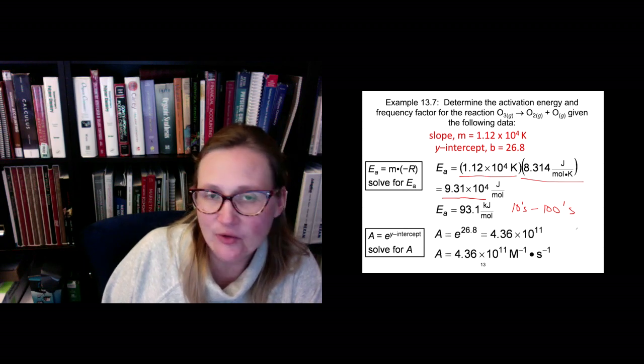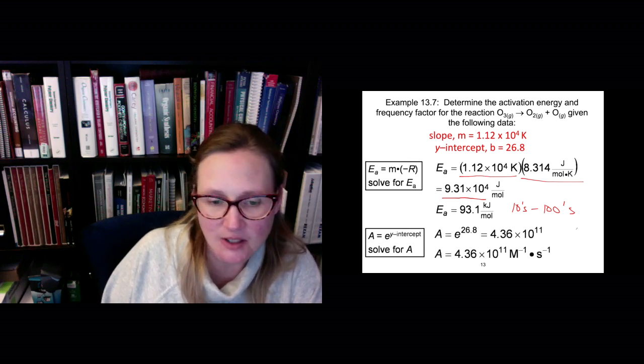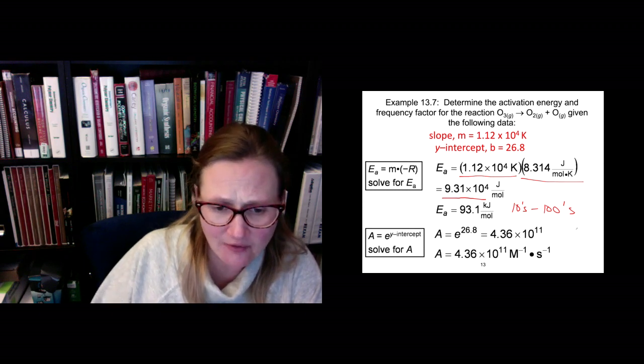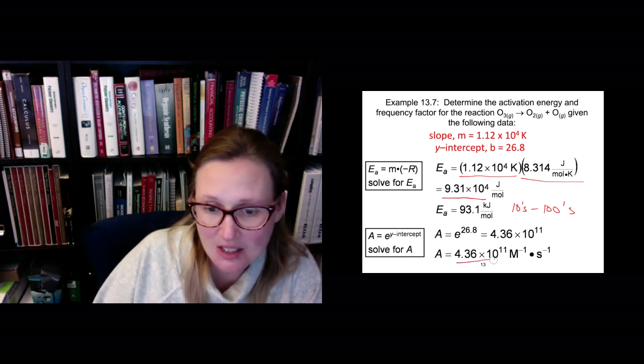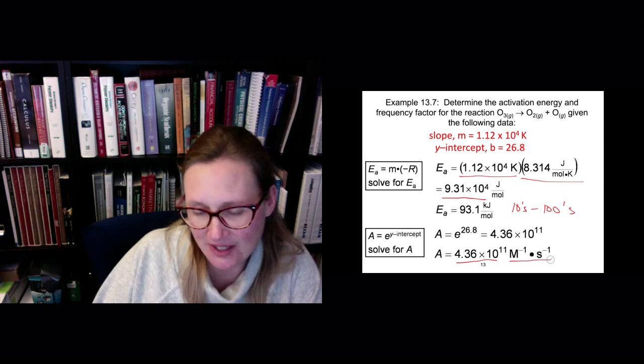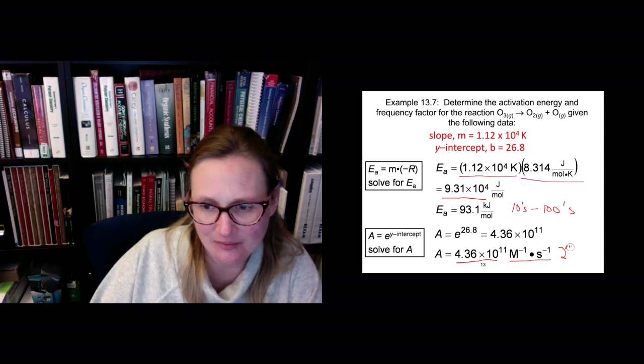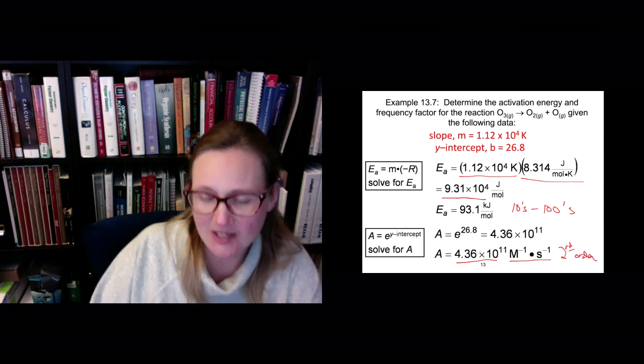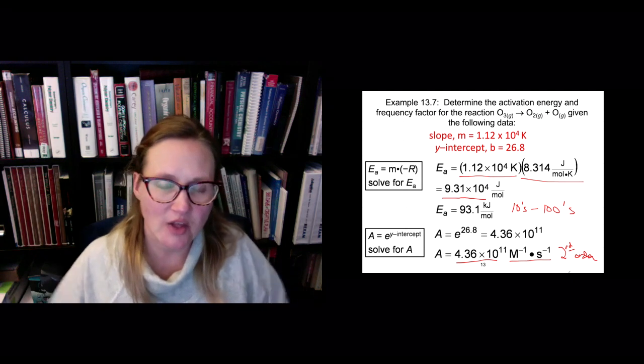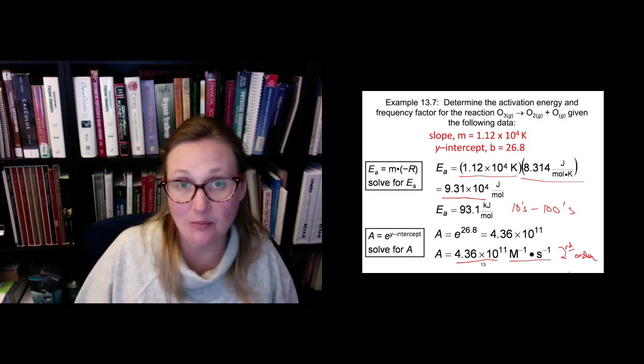All right, and then if we solve for the frequency factor, we take e to the y-intercept, and we get 4.36 times 10 to the 11th per molar per second. If we look at these units, that tells us it's a second order rate constant. And it's second order because we can think of these reactions as being bimolecular.